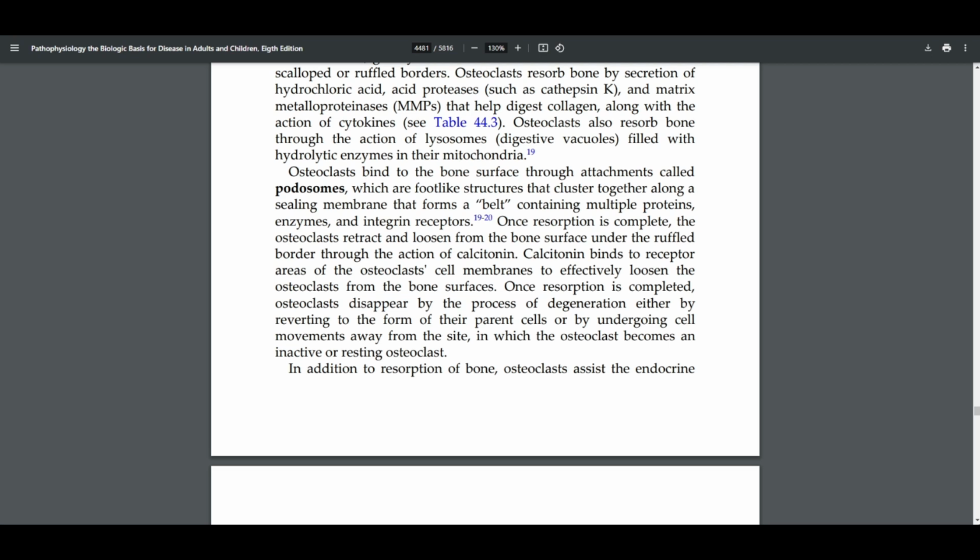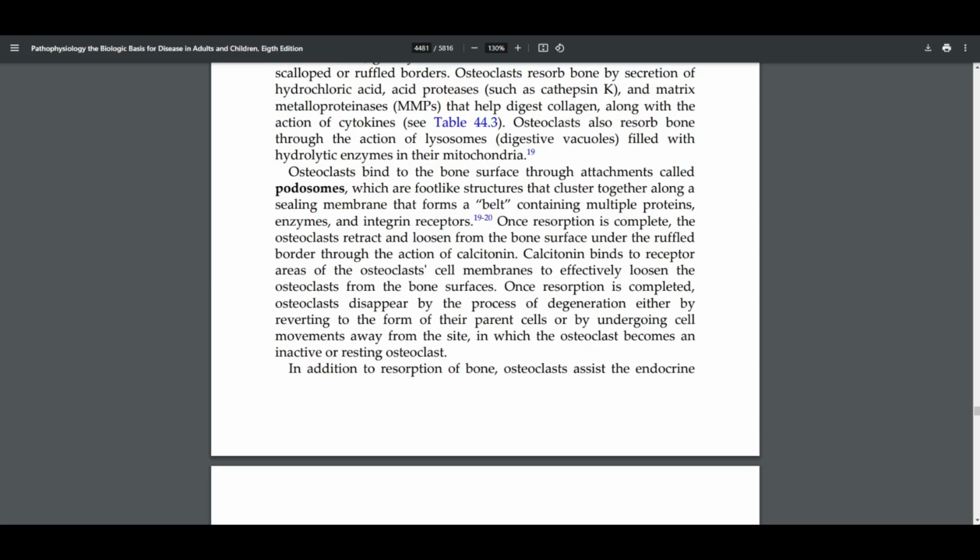Once resorption is complete, the osteoclasts retract and loosen from the bone surface under the ruffled border through the action of calcitonin. Calcitonin binds to receptors on the osteoclasts' cell membranes to effectively loosen the osteoclasts from the bone surface.